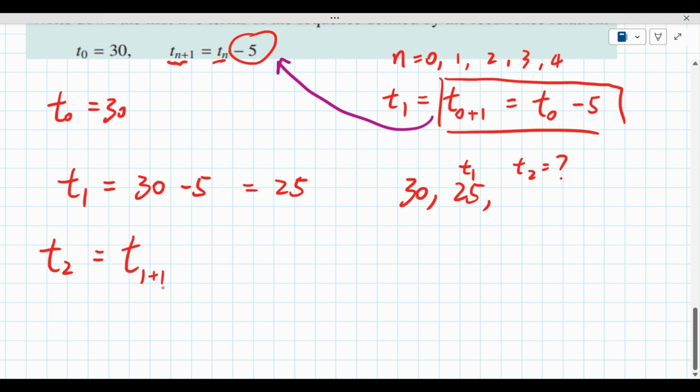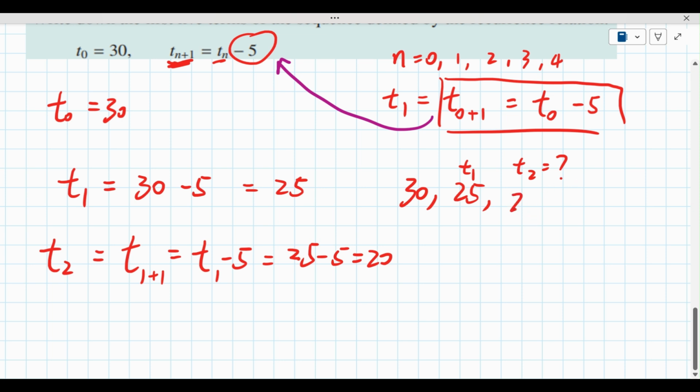So now T2 equals T1 minus 5, right? This is T(n+1), so n is now equal to 1, and 1 plus 1 equals 2. So T1 minus 5 is T2, that equals 25 minus 5, which is 20.